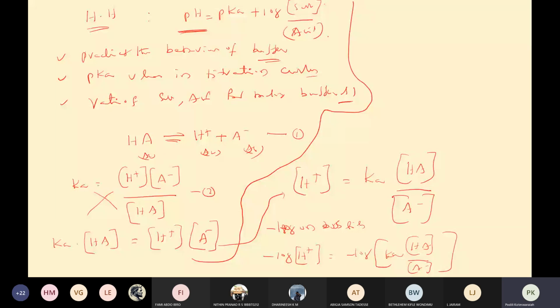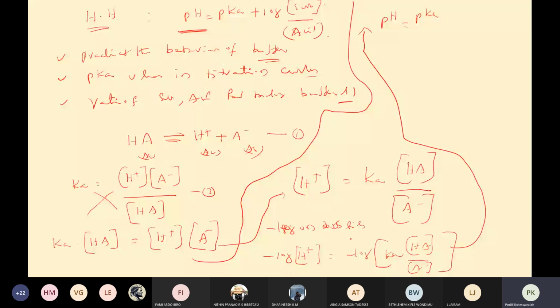So now let me put it here itself. We know minus log H plus is nothing but pH, and minus log Ka is nothing but pKa.